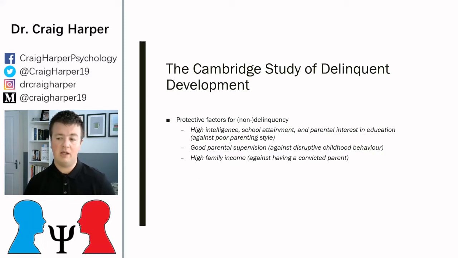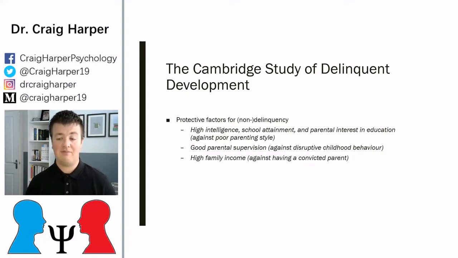And having a high family income is protective against having a parent who's been convicted. So we know that people who come from families who have a conviction in the family are more likely themselves to become engaged with the criminal justice system, whether that's the police and the justice system looking more closely at that family, or if there actually is a maybe genetic or a learnt link to criminal behaviour.